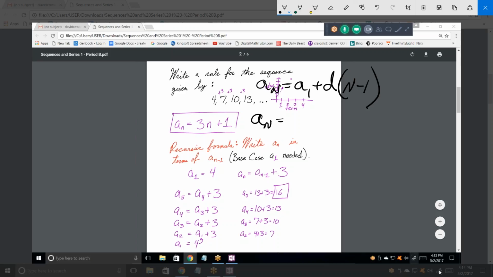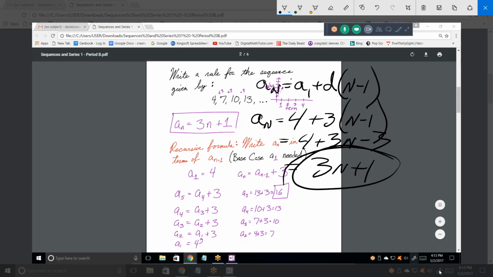The first term is 4, common difference is 3, and all they do is simplify that. In other words, that's equal to 4 plus 3n minus 3, which is equal to 3n plus 1. That's how they got the 3n plus 1. They took our nth term and simplified it. That's it.